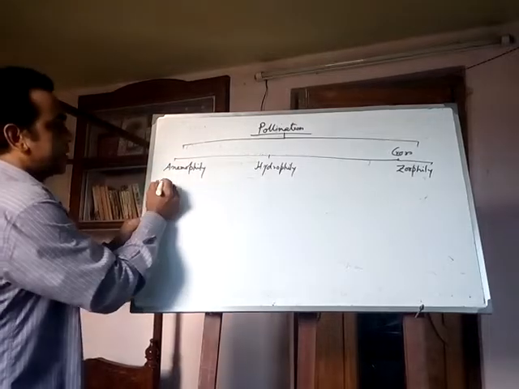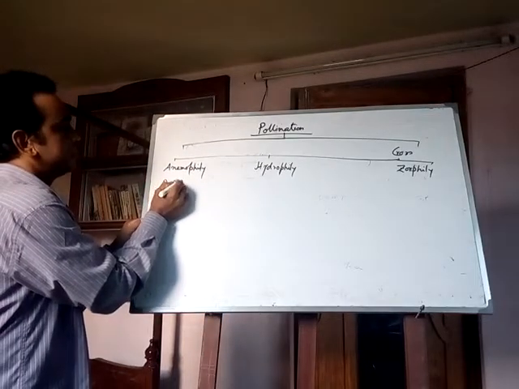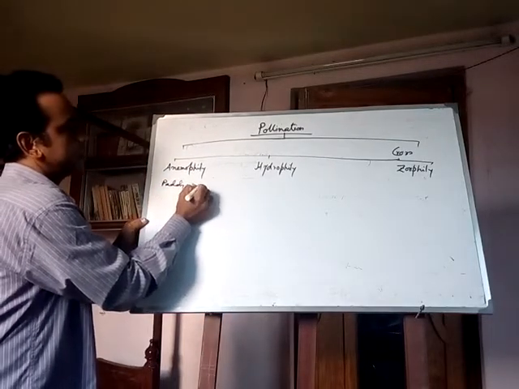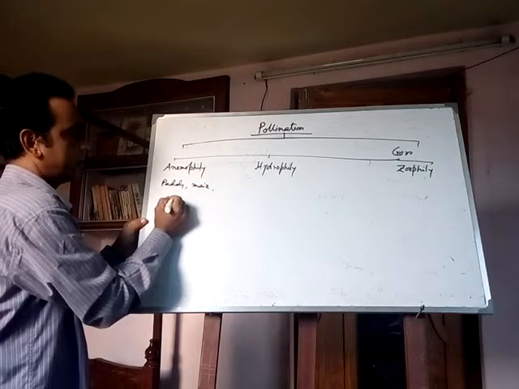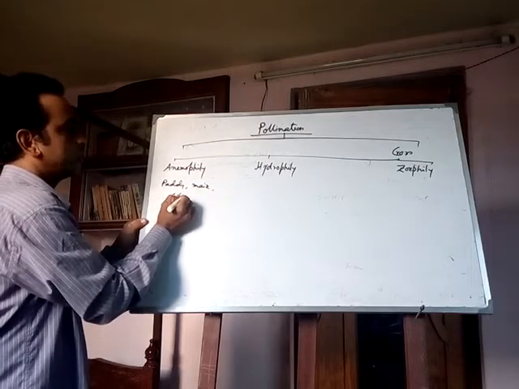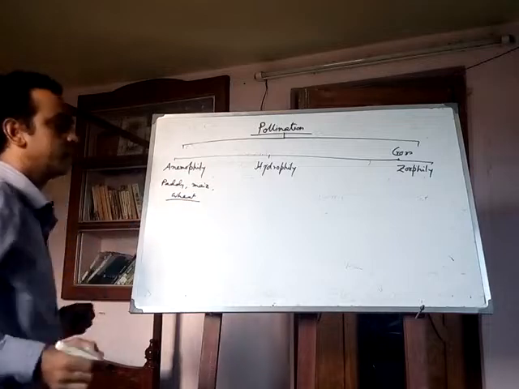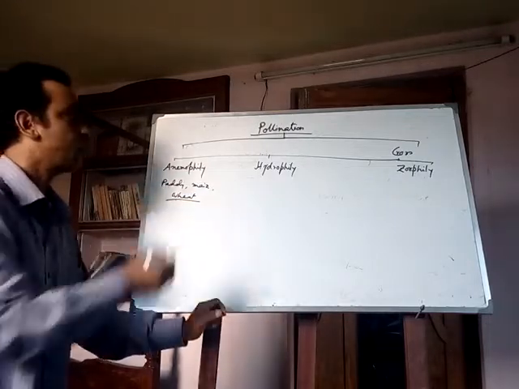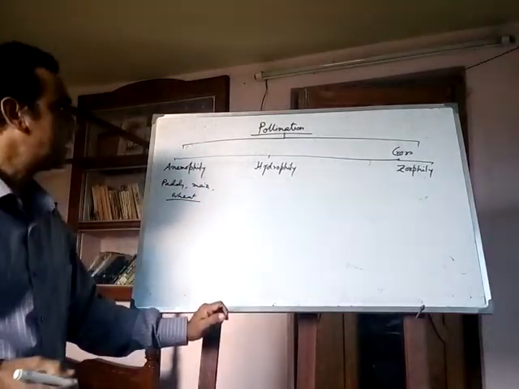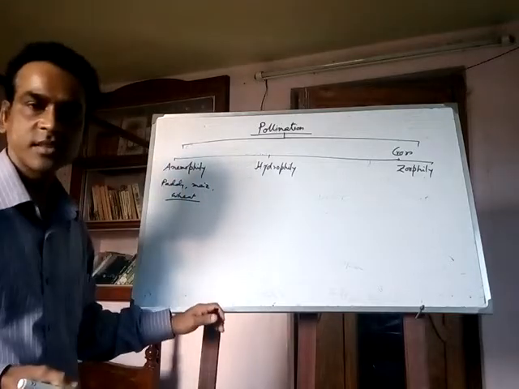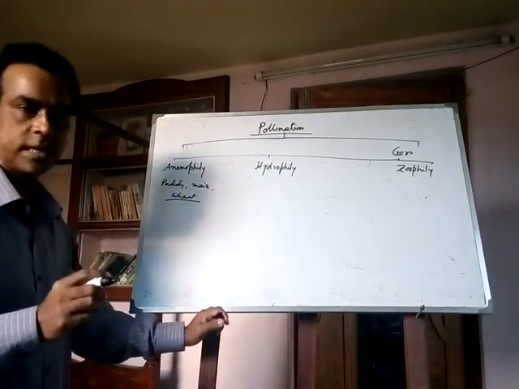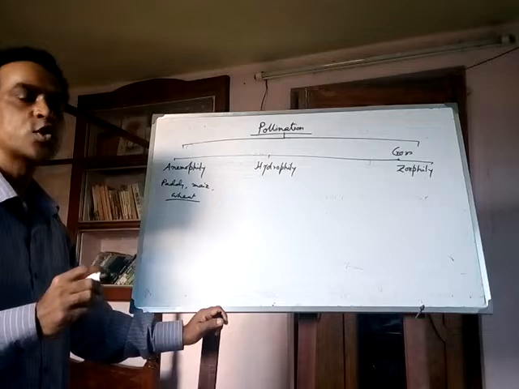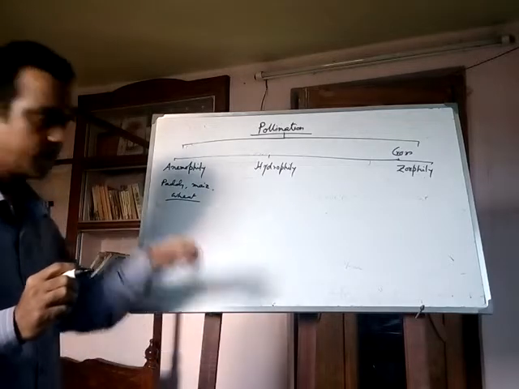Rice or paddy, maize, and wheat show this type of pollination. The features of anemophilous flowers are that they are small, colorless, and light in weight.